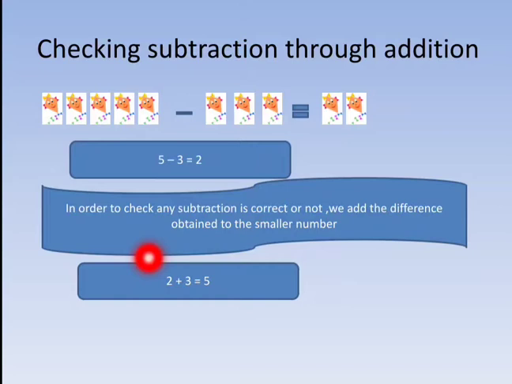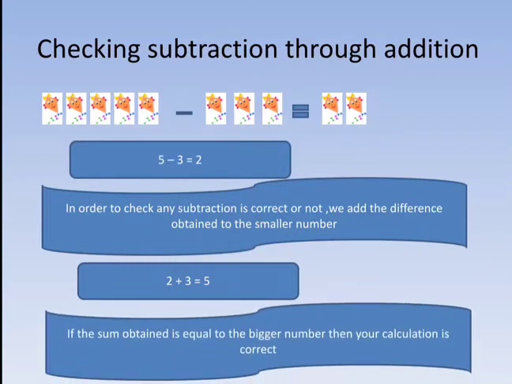When we add 2 and 3, we'll get 5. If the sum obtained is equal to the bigger number, then your calculation is correct. 5 is the sum of 2 and 3. If the sum is equal to the bigger number or minuend, it means our calculation is correct.